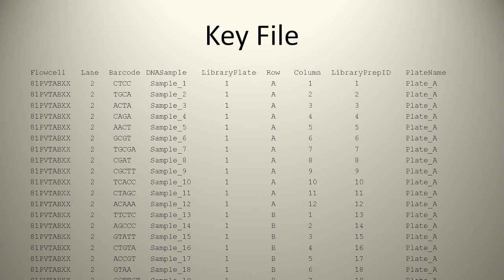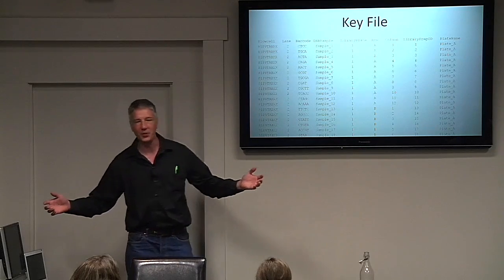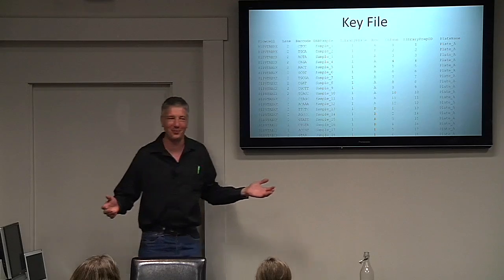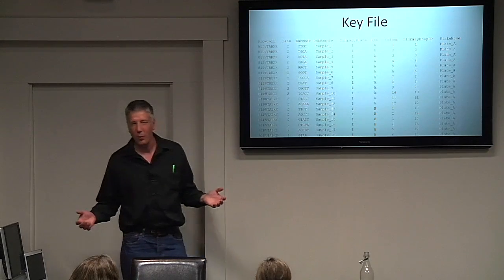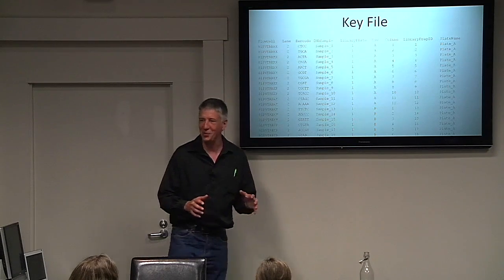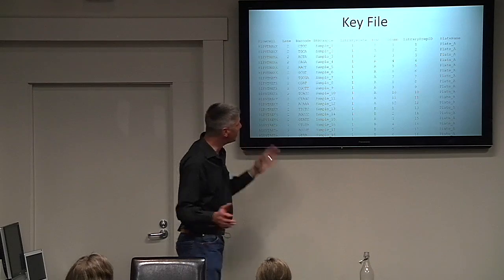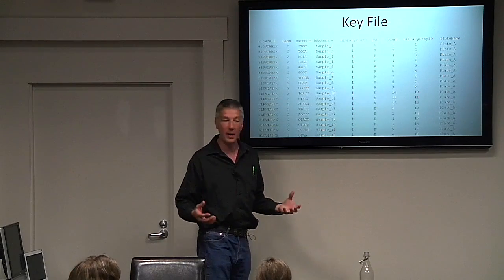Okay, a key file. So remember we told you that we have 96 or 384 barcodes, but we've done 50,000 samples. Well, how does that work, right? And we also told you that we typically analyze all this stuff together. Well, how do you do that and not get everything confused? Well, there's a few pieces of information that taken together make it unique.